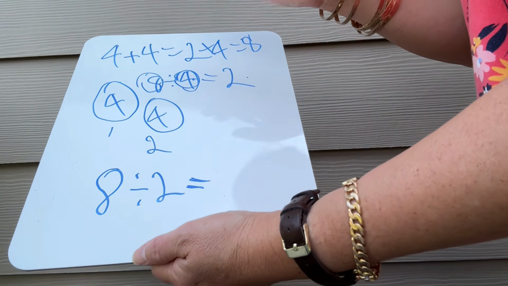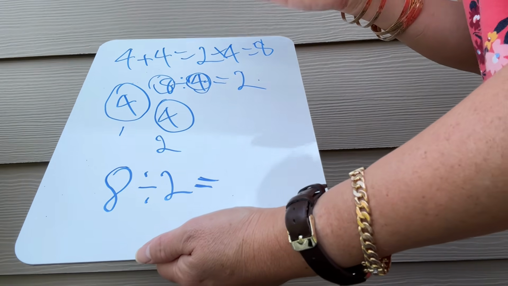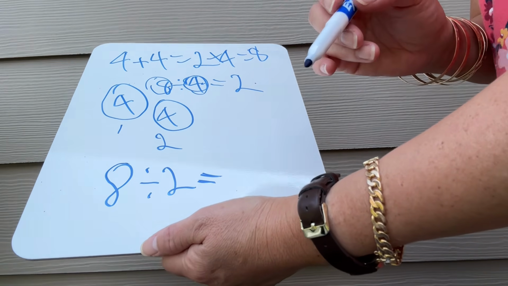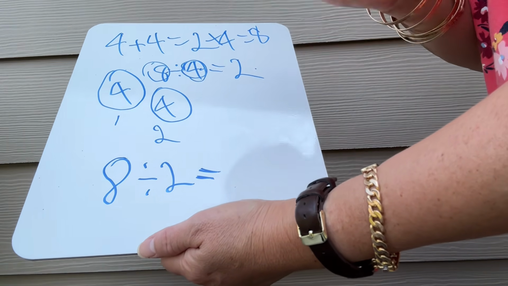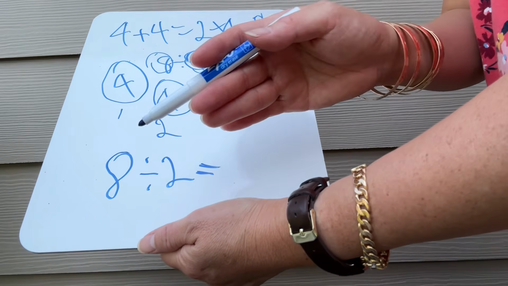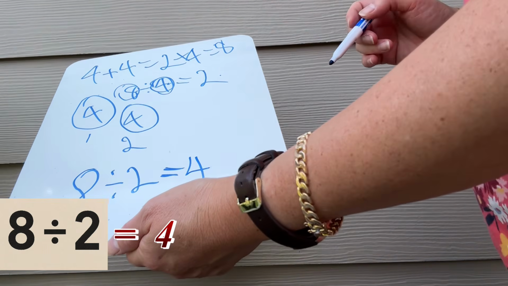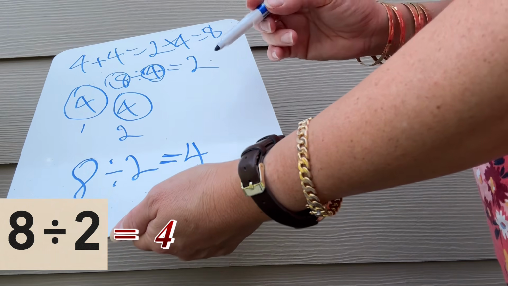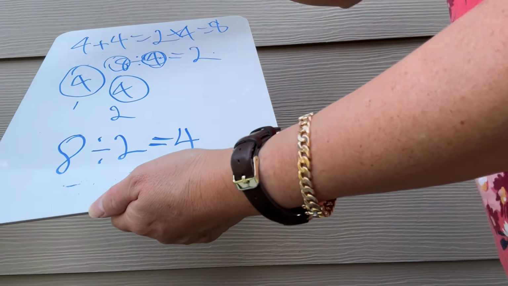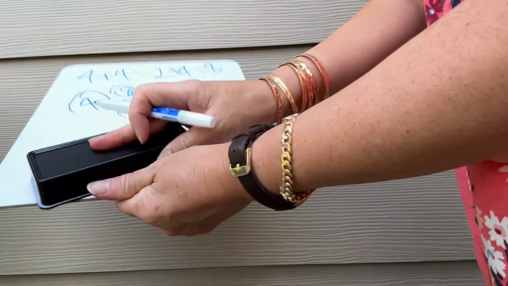Another way to think of it is you're dividing 8 into groups of 2. Now, since you know that 2 added 4 times is equal to 8, then 8 divided by 2 is equal to 4. See that?